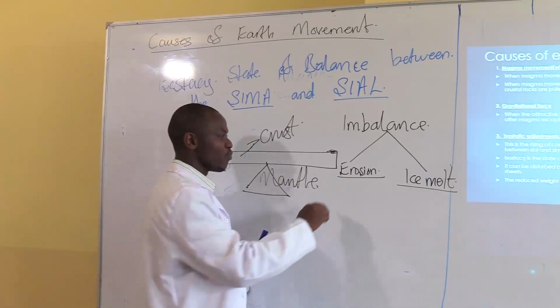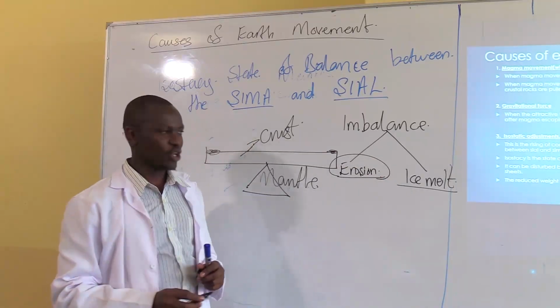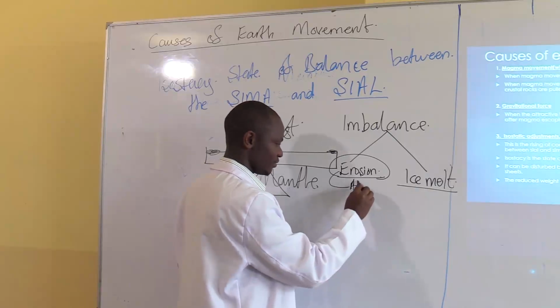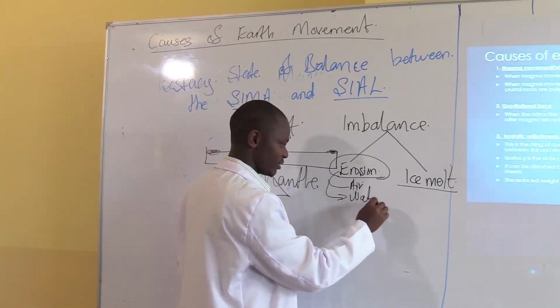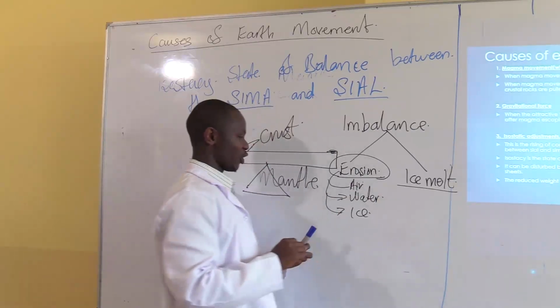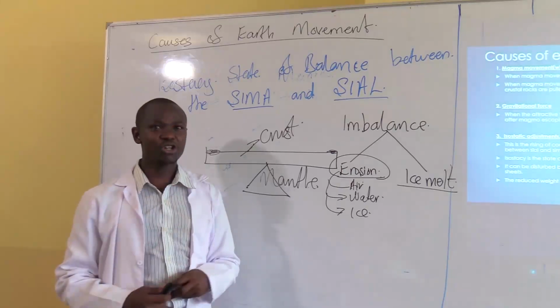Erosion is mostly caused by the agents of erosion, which we all know include air or wind, water, and ice. All these are some of the factors which cause erosion.